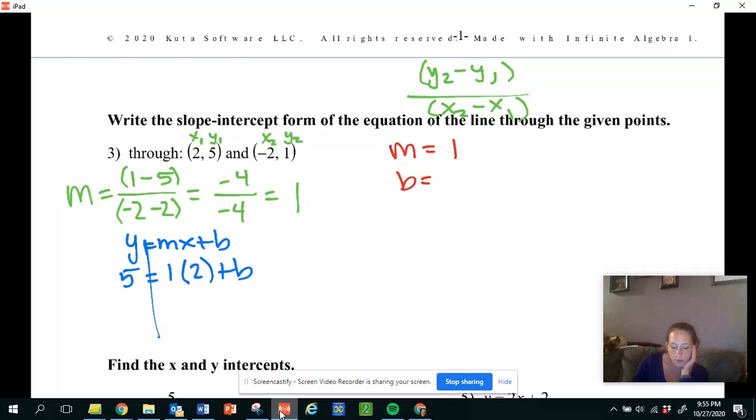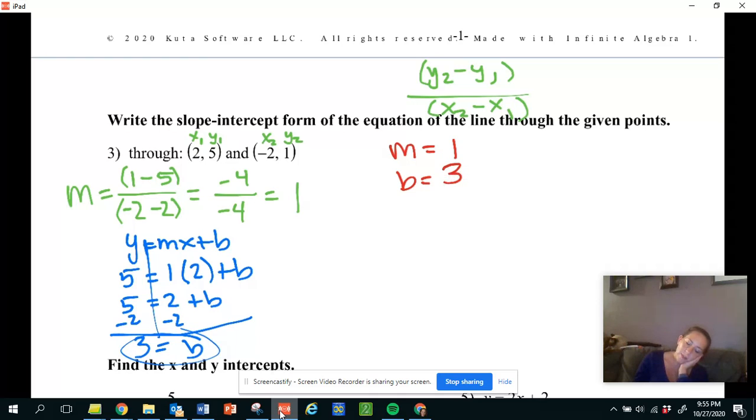So I'm going to solve. 1 times 2 is just 2. So to get b by itself, I subtract 2 on both sides, and I get that b equals 3. And hey, look at that. I now have m and b solved, and I can now write an equation. Wow. I'm amazed.